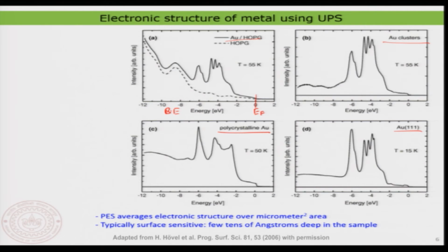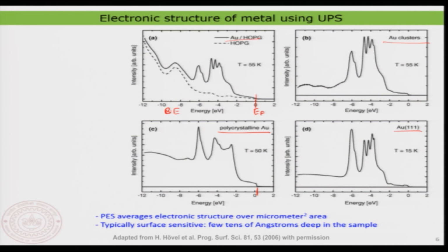You need to remove electrons using the photoelectric effect, so you need to hit the valence band, and that is the reason why there is always a step here. That is the indicator of the Fermi energy.